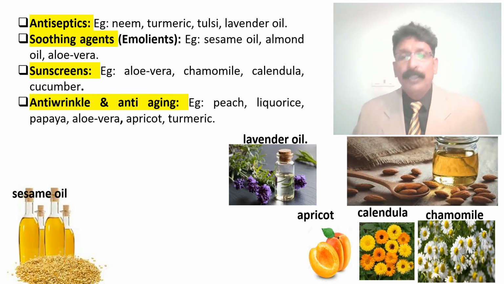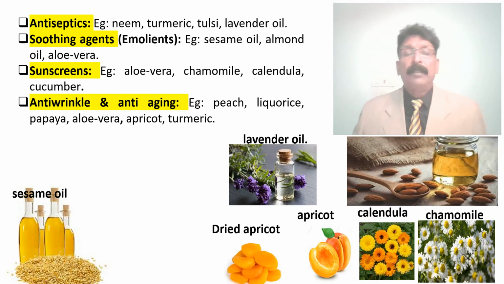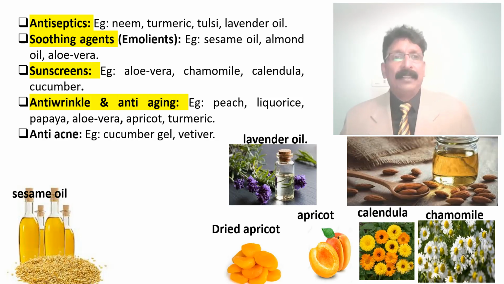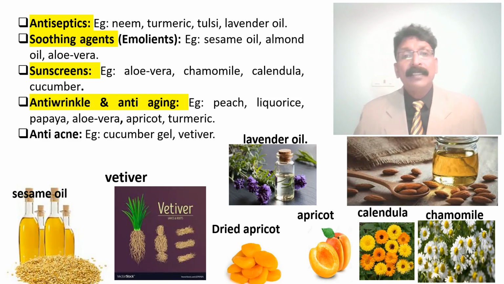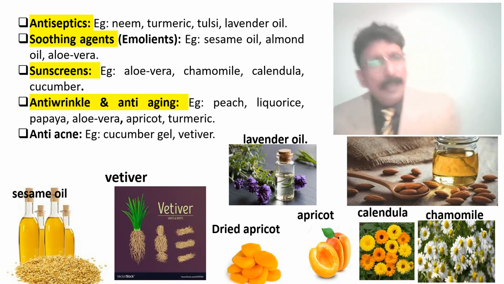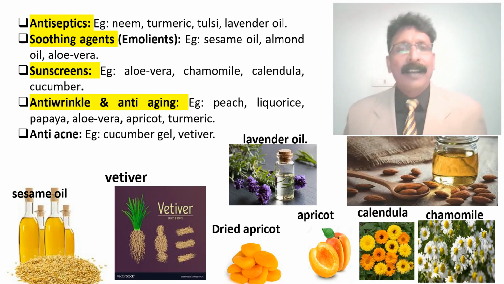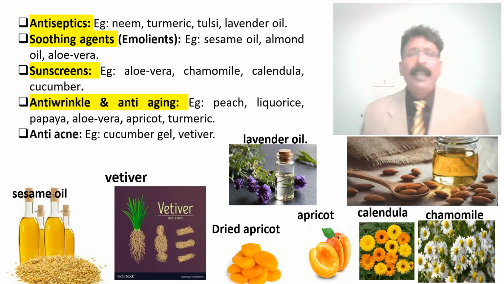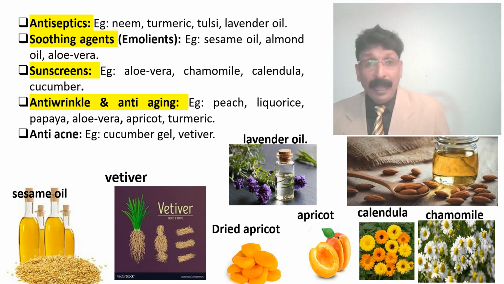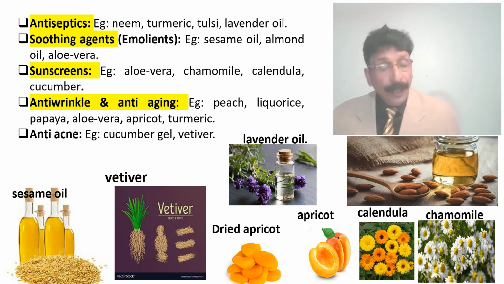You can see apricot dried fruits are available. Turmeric can be used as an anti-wrinkle and anti-aging agent. Anti-acne, example cucumber gel and vetiver. Vetiver is also a very common cultivation now, having high utility for anti-acne preparations of various herbal industries.